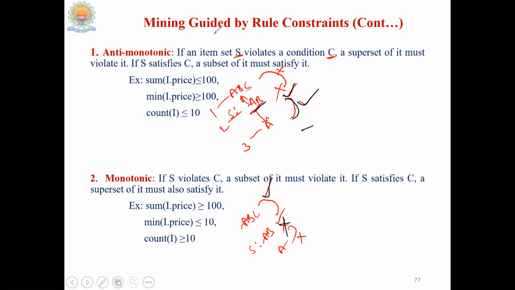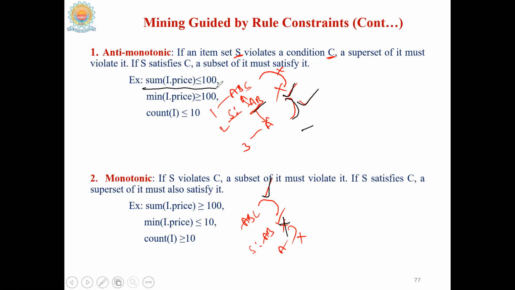Let me explain it with an example. Consider the sum of prices of items in an item set. The condition is that the sum of the prices of items present in that item set should be less than or equal to 100.